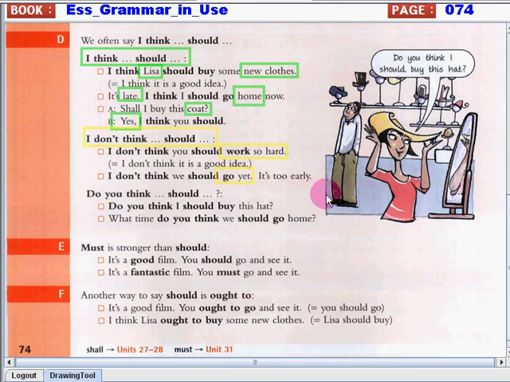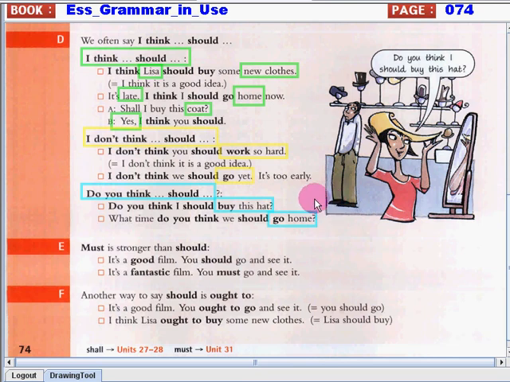Of course, we can also make a question out of these expressions. Do you think should? In this question sentence, you are asking about someone else's opinion. For example, do you think I should buy this hat?